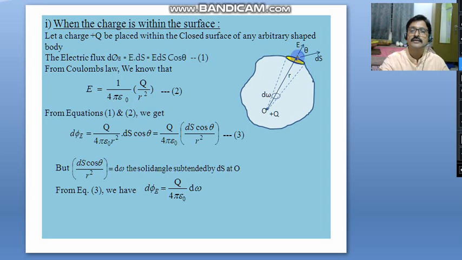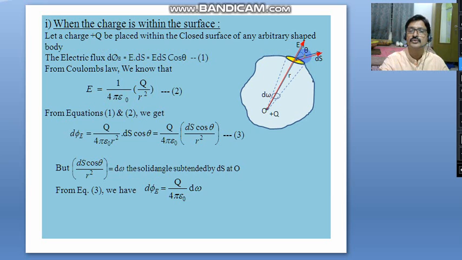Now the outward normal from this surface, suppose it is in this direction. The electric field direction is in this direction. Let theta be the angle between these two lines, the electric field and the outward normal.